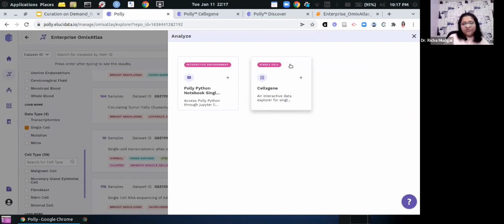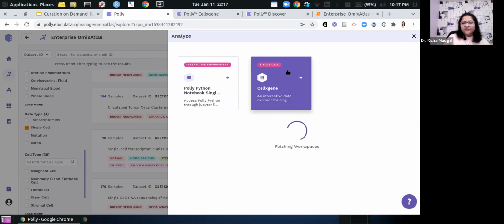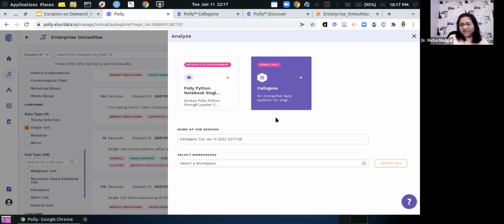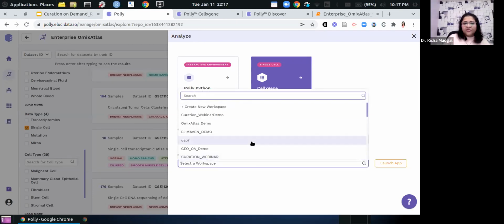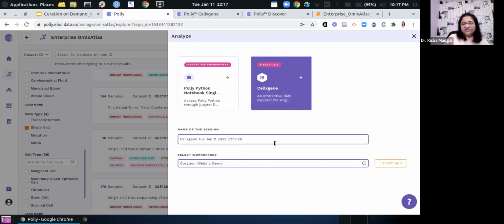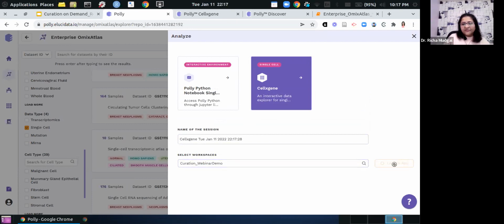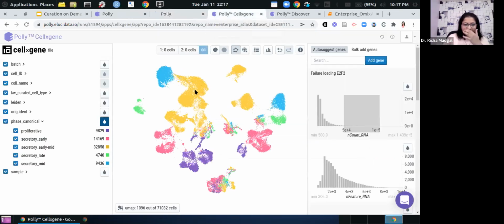When we want to analyze this, it could be in the notebook, but also the apps that we develop. We also have the provision to bring in third-party apps. Cell by Gene is one of the most widely used tools to explore single cell data sets. Imagine the journey with this data set being available on GEO, versus now here, where you could simply select the data set, launch the app, and it will open the data for you to start exploring.